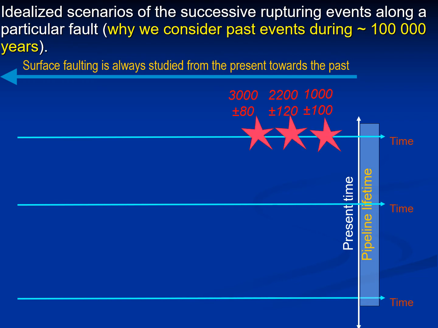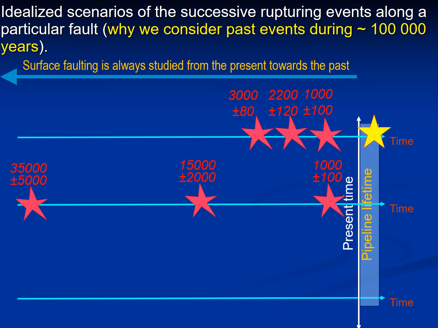Thus, if we identify, for example, 3 successive rupturing events during the last 3,000 years with around a 1,000-year recurrence interval, we can stop. We do not need to go further into the past. We can say that there is a high probability that the next rupturing event will occur within the pipeline lifetime, and this must be considered.